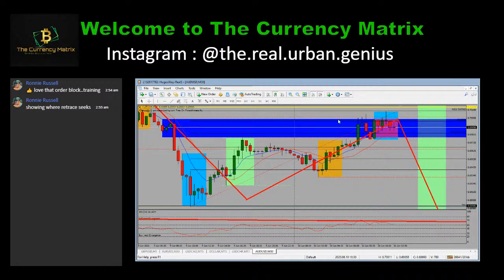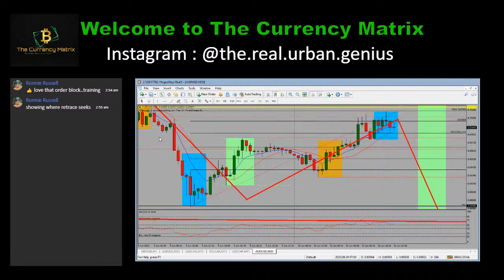You see that? That's a key sign that price can't exceed, because price reached up there, but it did not close up there.